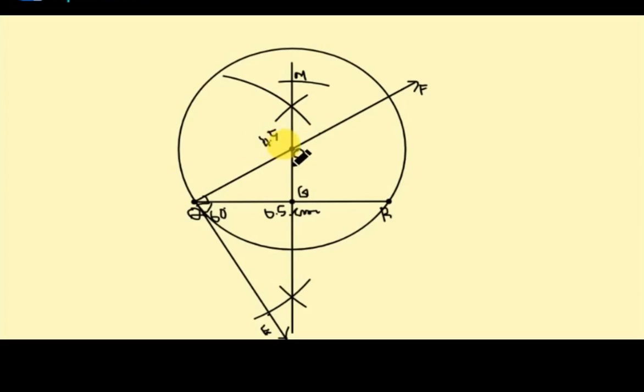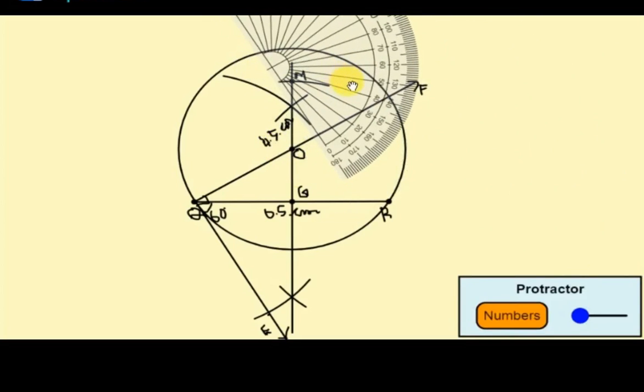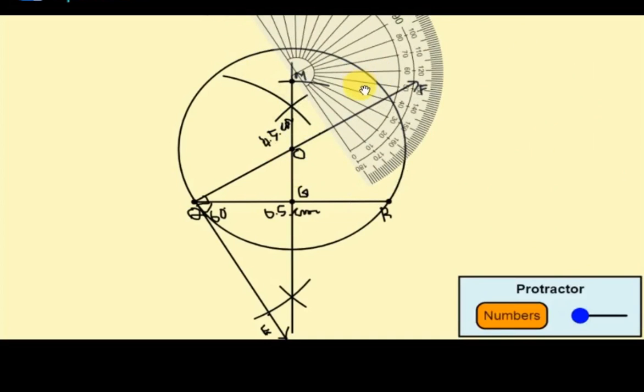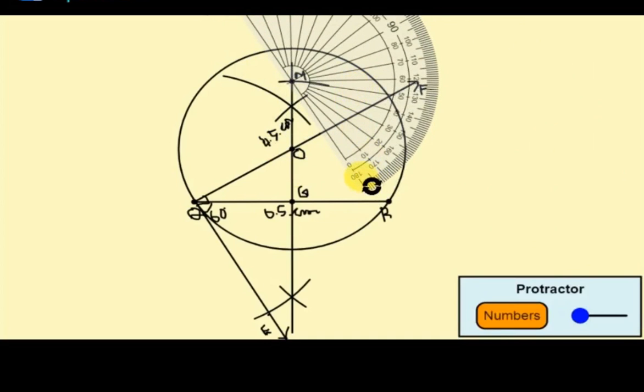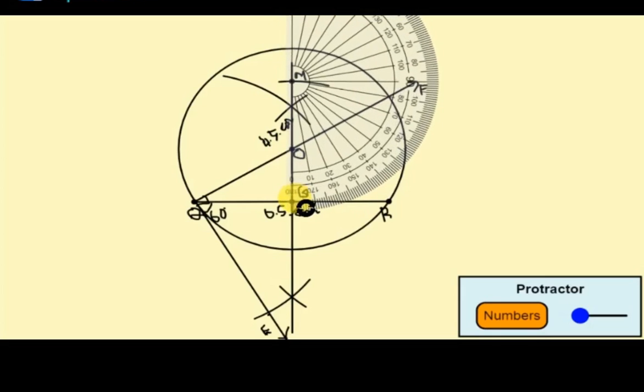You should use a set square for your 90 degree line, but instead of using a set square, I'm going to use the protractor itself. Take your protractor and place it on your M point, in the line of MG, where MG is 4.5 centimeters.